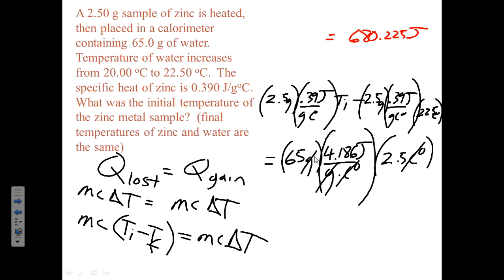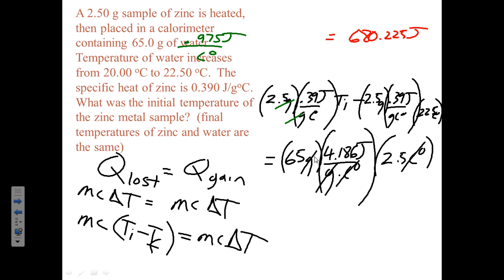That's equal to, I'm going to do some multiplying here too. 2.5 times 0.39 gives me 0.975, and that's going to be joules per Celsius degree.